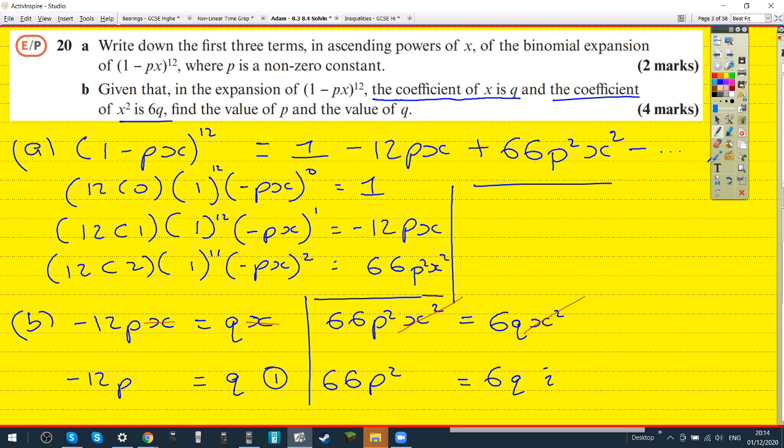We have 6, sorry. Divide by 6. Oh, you're right. We could, yeah. Which gives you 11p squared equals q. Well done. Okay, how can we find p? How can we find q?